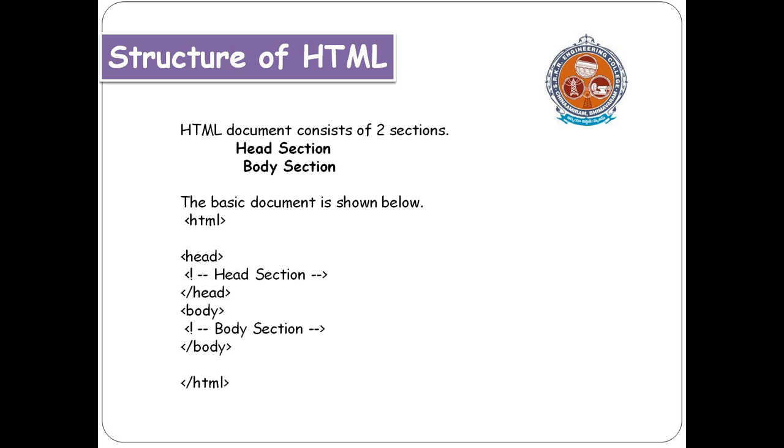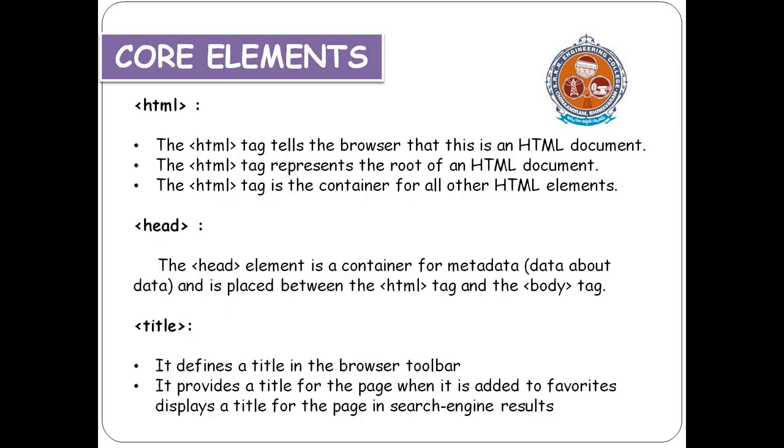I already discussed the structure of HTML. Then core elements, starting with the HTML tag. The HTML tag tells the browser that this is an HTML document. It is represented as the root of an HTML document.